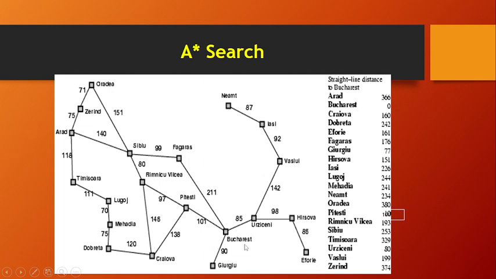Bucharest is the destination node, our goal node, and its heuristic value is 0, because this is our destination. The path cost to Bucharest is 317 plus 101, that is 418.